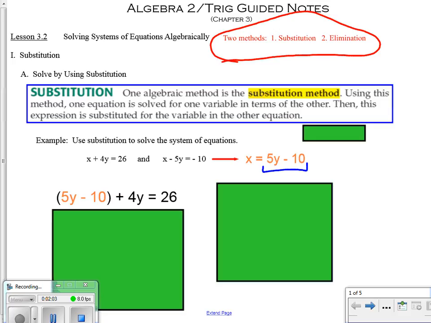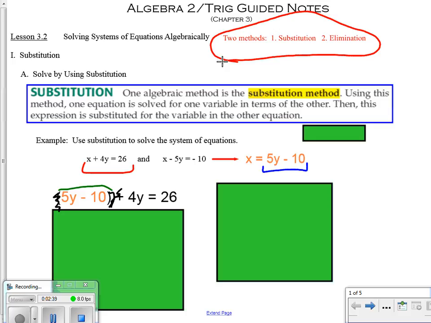Looking at our other equation, we had x plus 4y equals 26. Well, instead of saying x, I plugged in this 5y minus 10 right into the spot where x was, and then continued the rest of the equation. So it's now 5y minus 10, added on to 4y equals 26. Now in this case, I don't really need the parentheses anymore because we're not multiplying by anything or subtracting what's inside there.